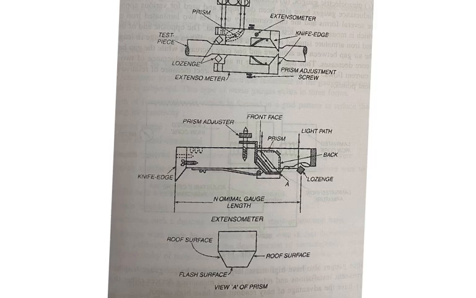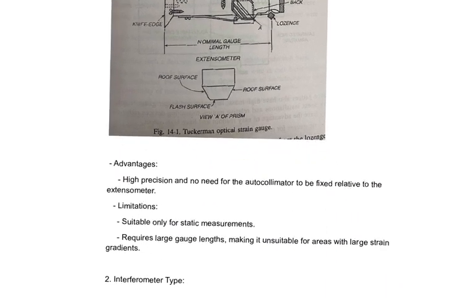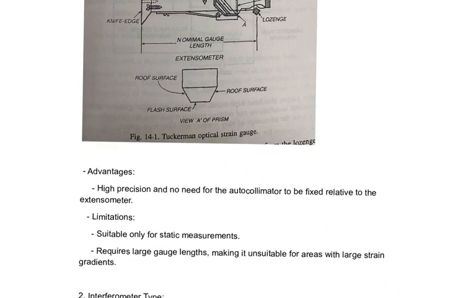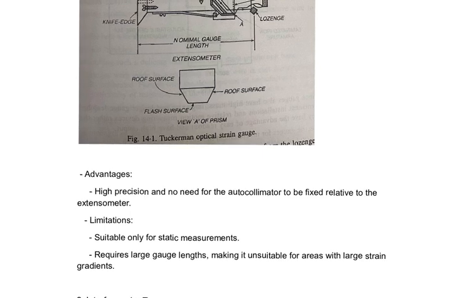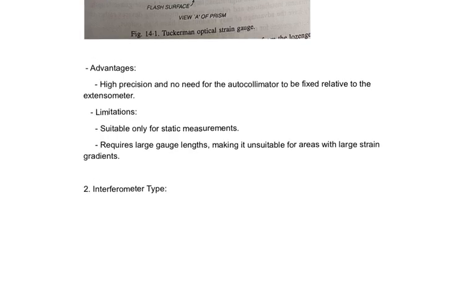So let us look into the advantages of the Tuckerman optical strain gauge: it has high precision and no need for the autocollimator to be fixed relative to the extensometer. Limitation: suitable for static measurement and requires a large gauge length, making it unsuitable for areas with large strain gradients.